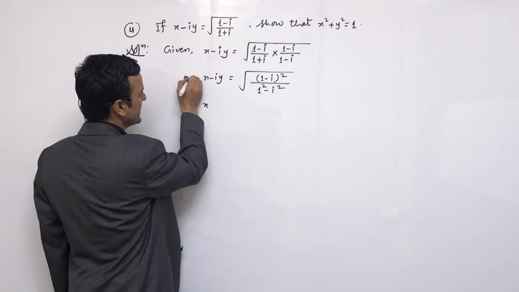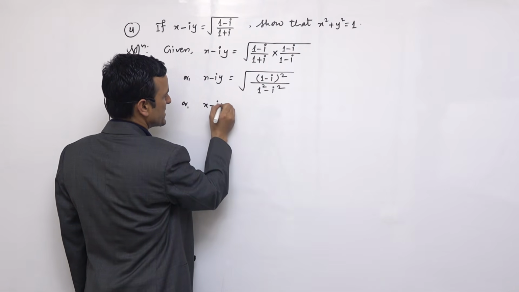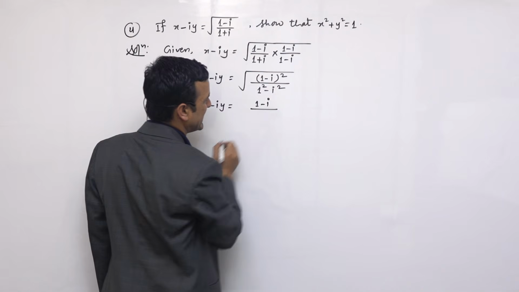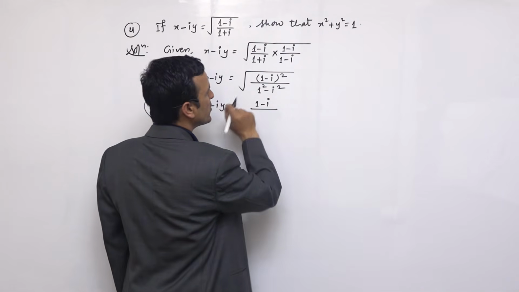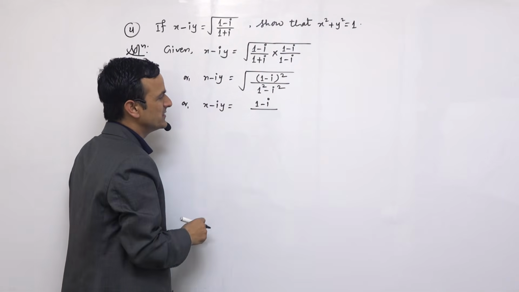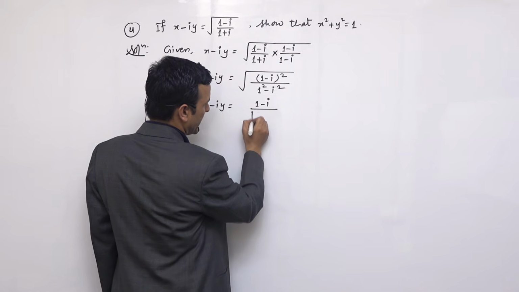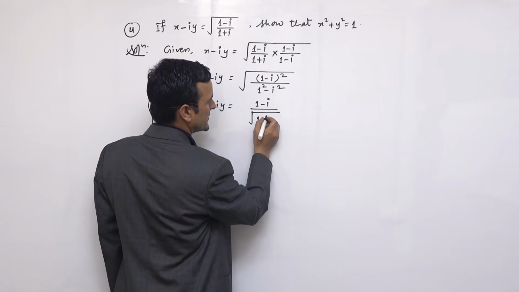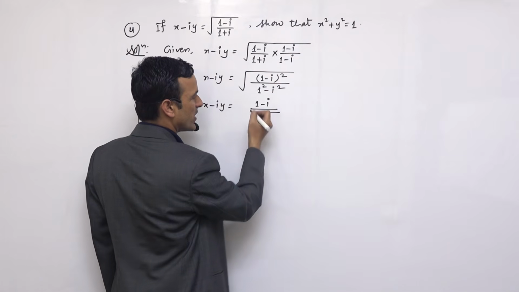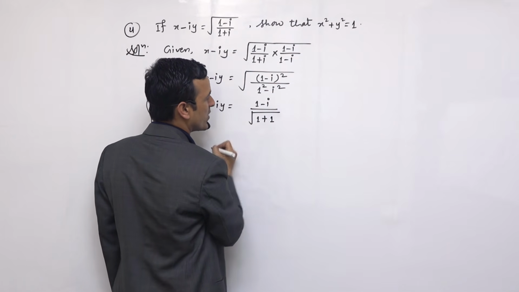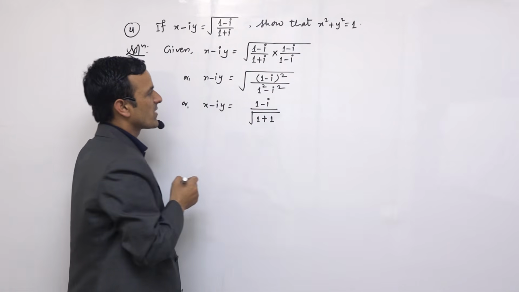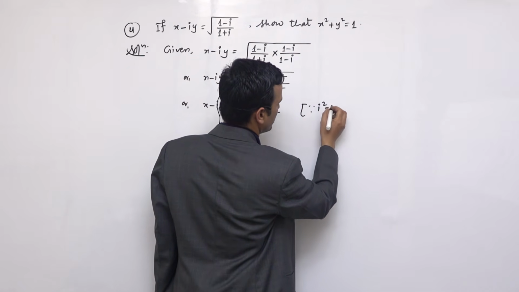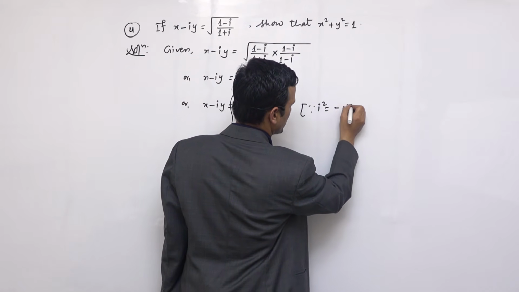So let's see what the result will be. It is equal to 1 minus i only, because square is here under the root, and here is root of 1 plus 1, since i square means minus 1. In this case we have used i square is equal to minus 1.